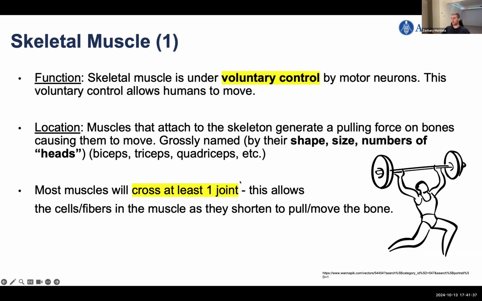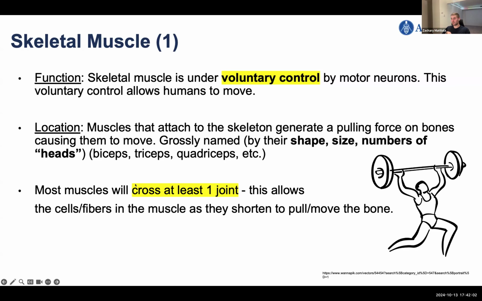Okay, and their naming is based on their shape, their size, how many bellies they have. So you've heard of the biceps, the triceps, the quadriceps. The biceps is named because it has 2 bellies. The triceps has 3 bellies, and the quadriceps has 4 bellies. So it makes it a little easier.